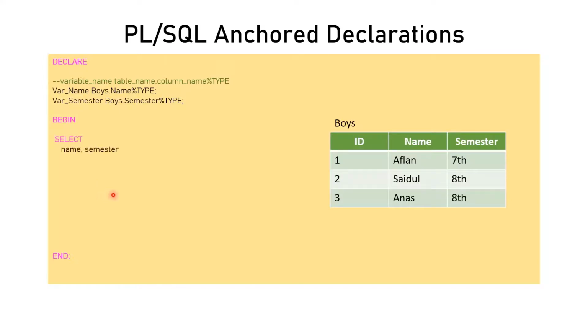So let's write down that SQL statement, which will eventually copy the values Saidul and 8, where ID is equal to 2, into our var_name and var_semester variables. After writing down this command, our var_name variable will have the name Saidul, and our var_semester variable will have the value 8.